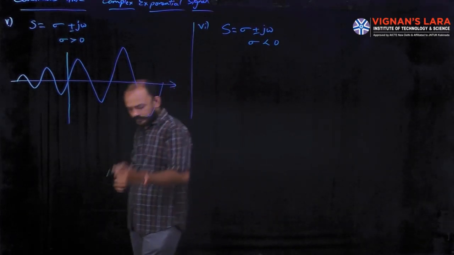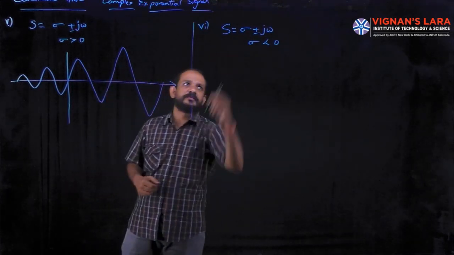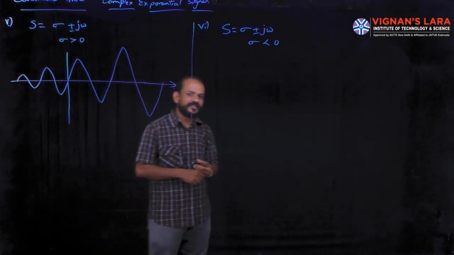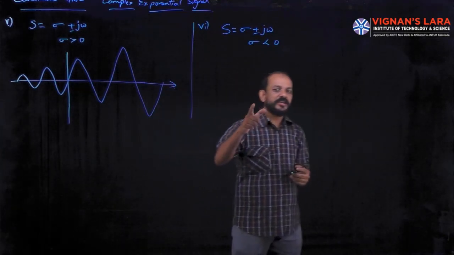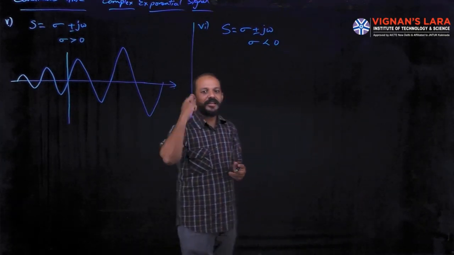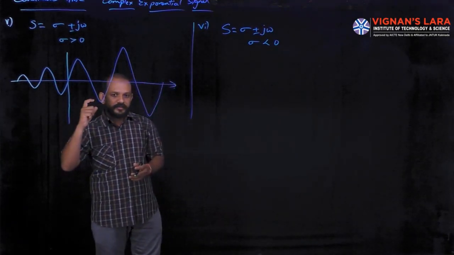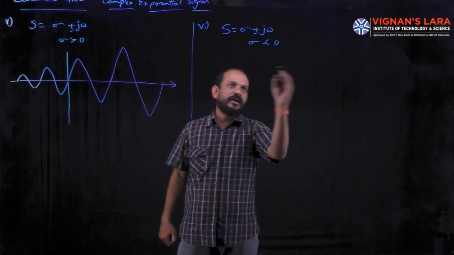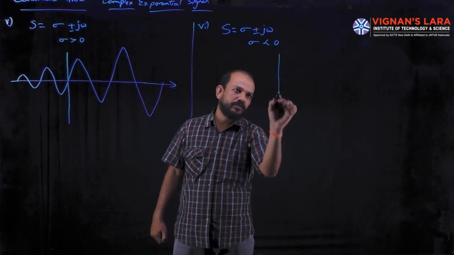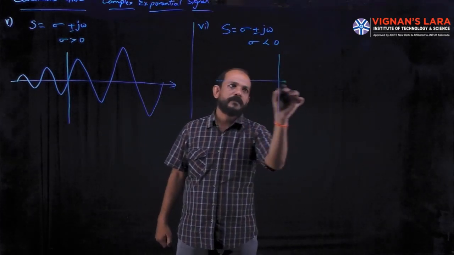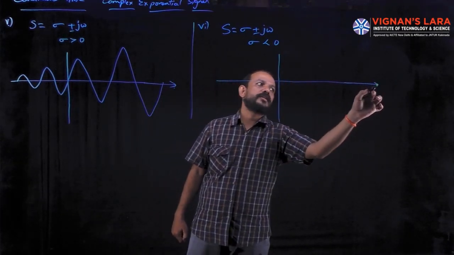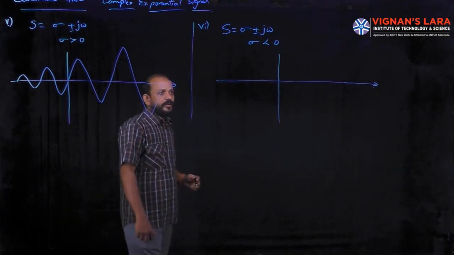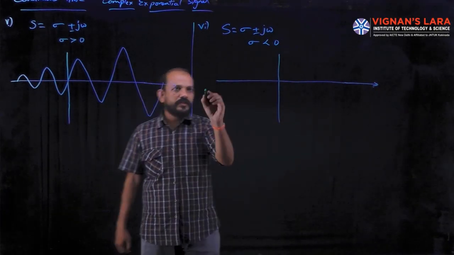Okay, simple. For this case, s equal to sigma plus or minus j omega, where sigma is less than 0, the amplitude of the sinusoidal signal decays exponentially. So how will the graph look like? Now, it has to decay exponentially.